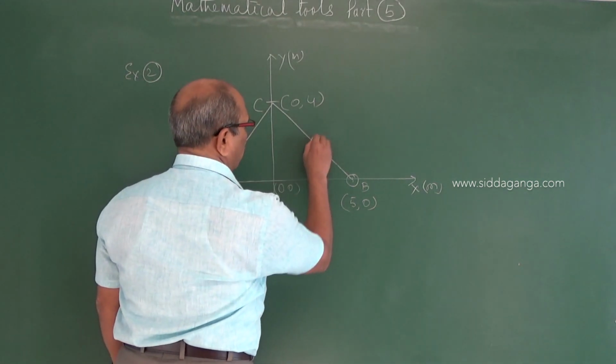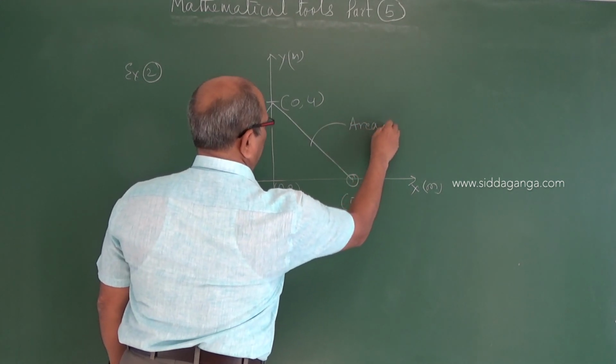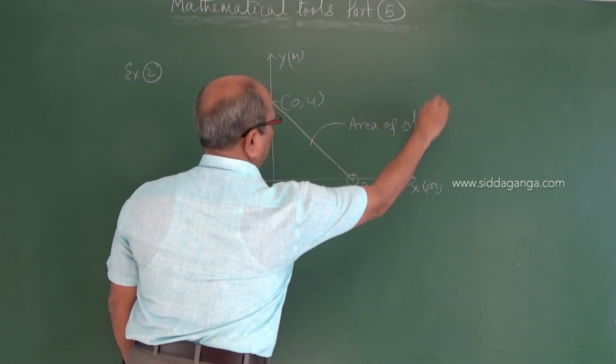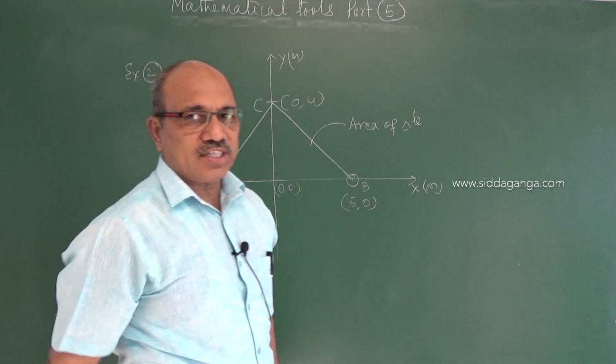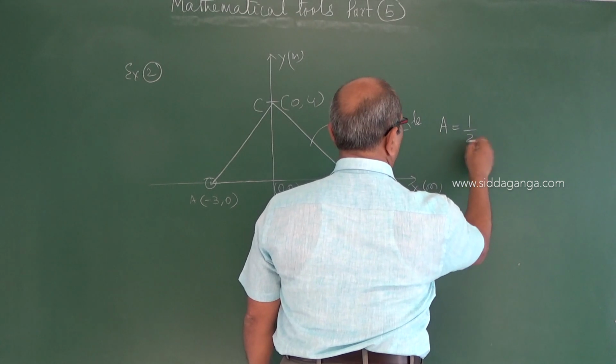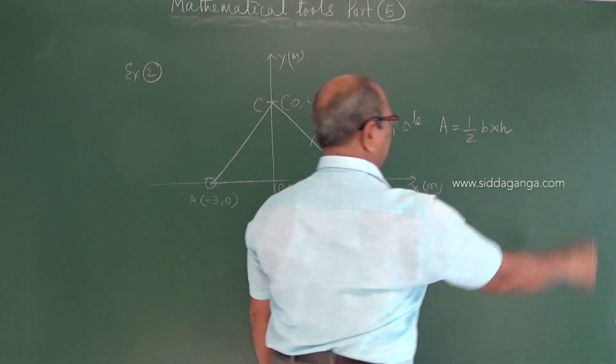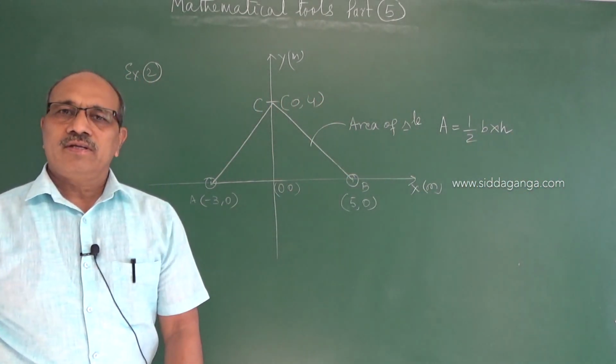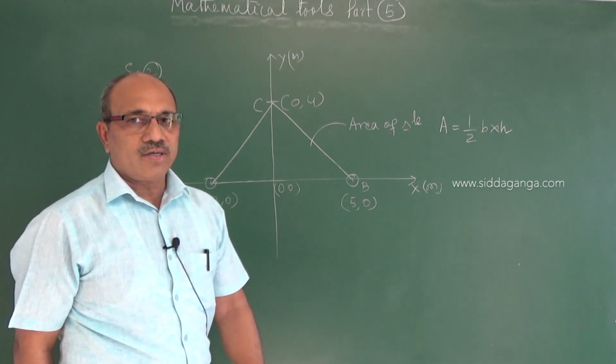Now if you want to find the area of this triangle, that may give some physical quantity. If you want to measure area, you know the relation of base into height, in case of a triangle, the area of a triangle.